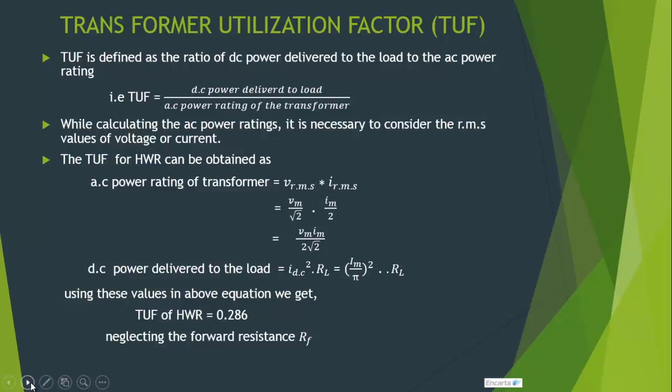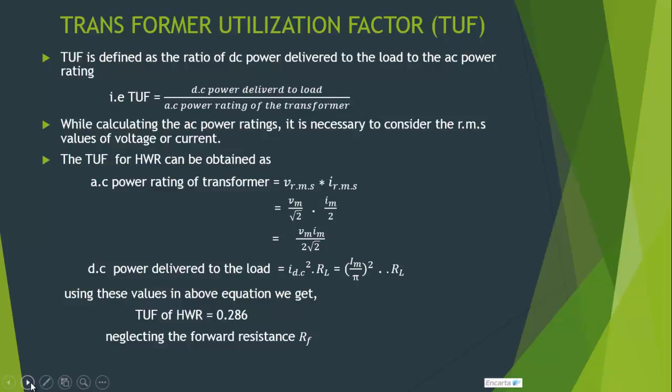Now one thing you should remember here is the secondary voltage is purely sinusoidal, hence its RMS value is 1 by root 2 times the maximum, while the current is half sinusoidal, hence the RMS value is 1 by 2 times its maximum.